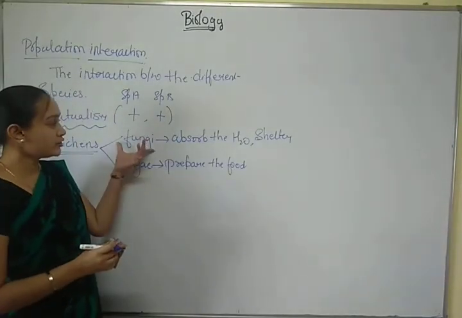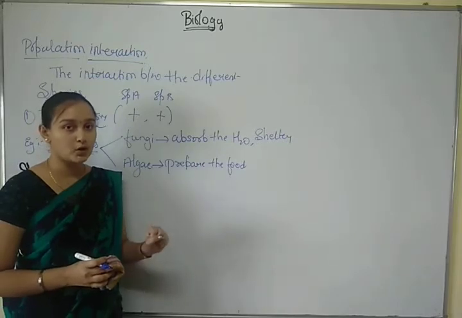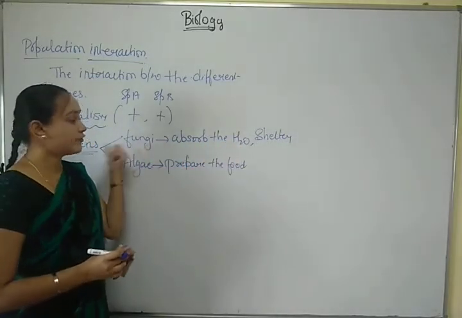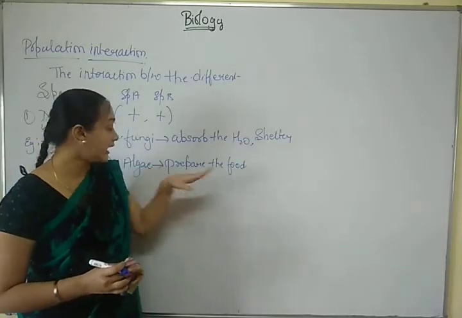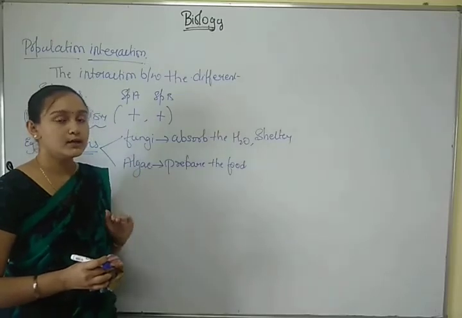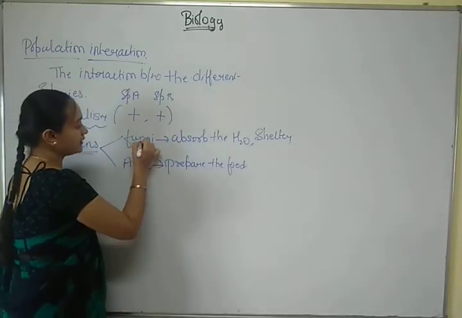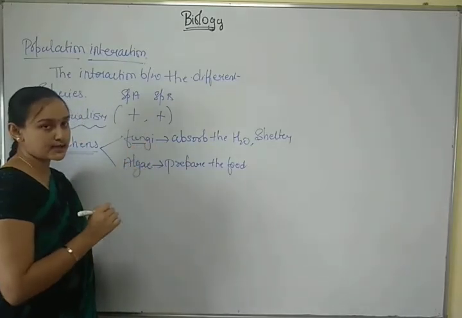Okay, so for the algae to prepare food, water is a main component, right? So the fungi absorbs the water from the soil, and the fungi also provides shelter to the algae. So the algae benefits from the fungi, and the fungi benefits from the algae.